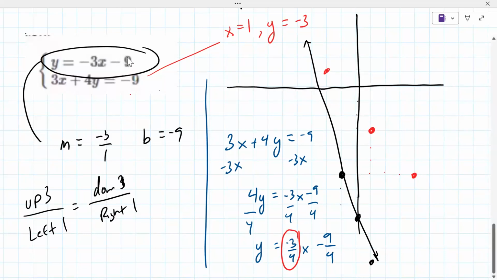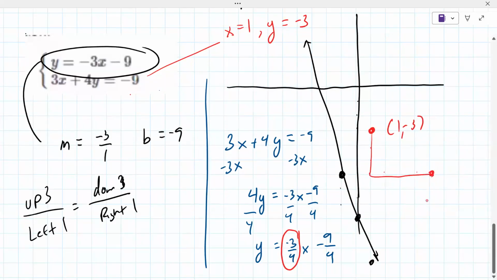So I wouldn't start on the y value at, no, because it's not a nice value. I mean, I don't think your graph can do increments of quarters. So I'm okay suggesting to start at 1 comma -3 and then go down 3 and right 4, which I have not done here. It's going to be going over one more.